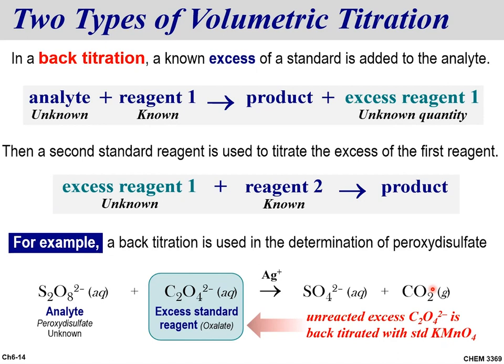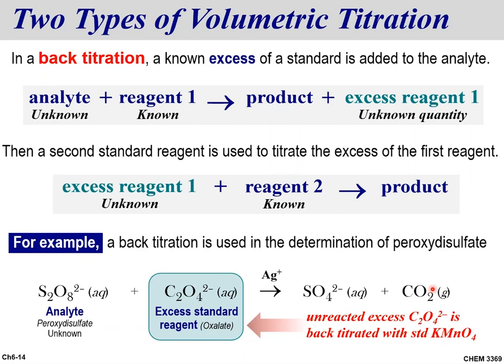So what will be the amount of oxalate in this solution? In the unknown solution, right? So the amount of oxalate will be chemically equivalent to the amount of peroxydisulfate, right? Plus the amount of permanganate used in the back titration.